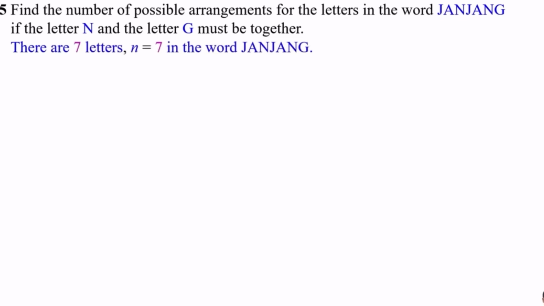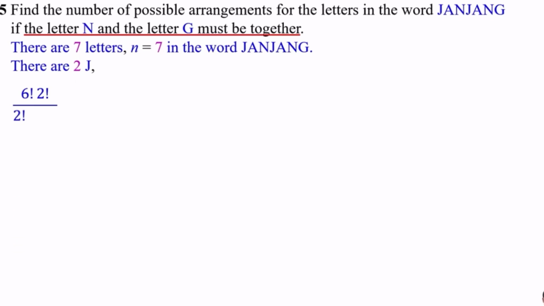There are 7 letters in the word JANG. But because the condition says NG must be together, there are 2 ways to tie up the NG, either NG or GN. There are 2 ways to arrange the N and G.